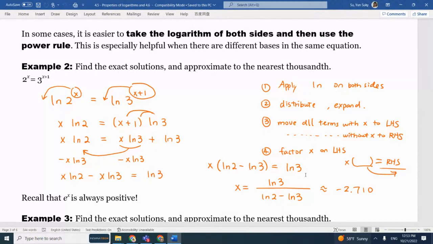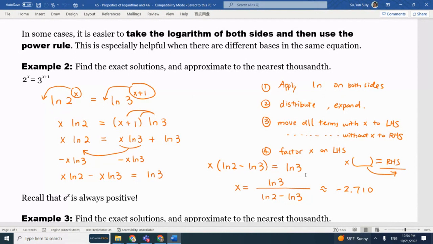Then you can distribute, and we move the terms with x to the left-hand side. The terms are separated by plus or minus. This one is one term, this is another term, and this term has x, so we want to keep it on the left-hand side.